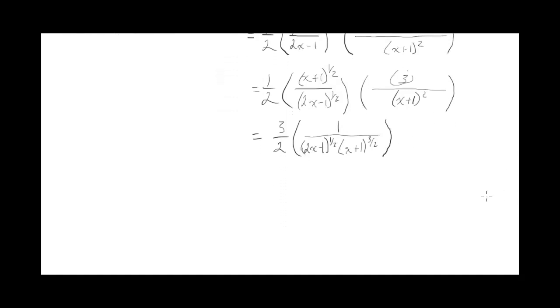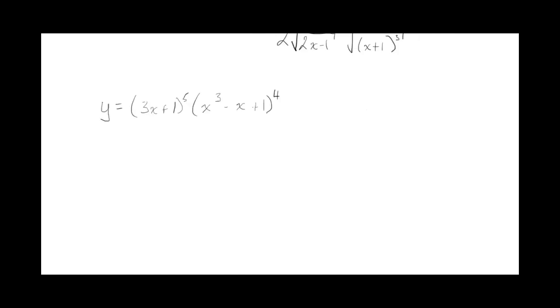So that's it. You could change these fraction exponents. So 3 over 2, and then that's a square root, 2x minus 1, and then this one is a square root, but cubed. And that would be the derivative.